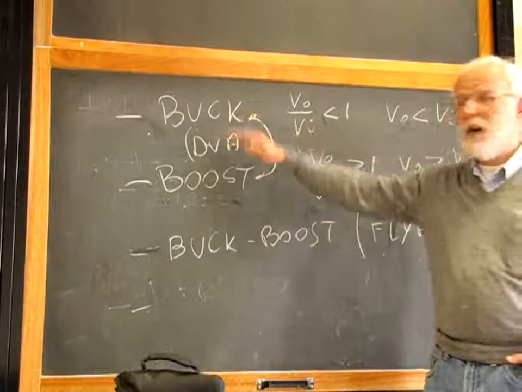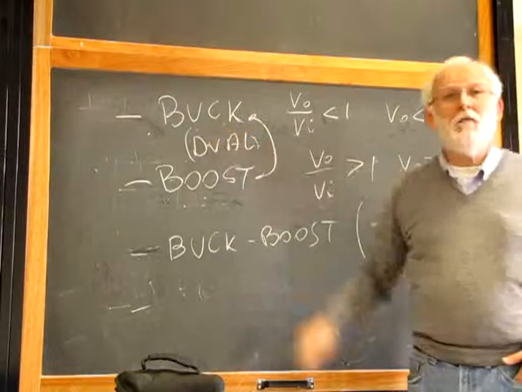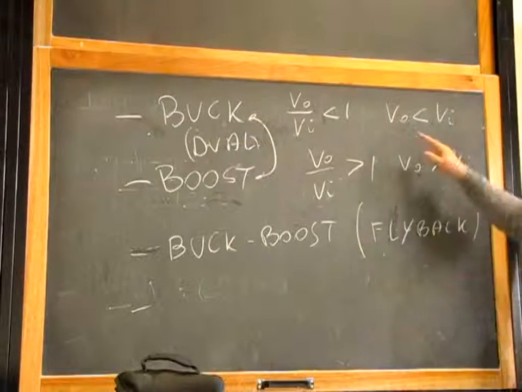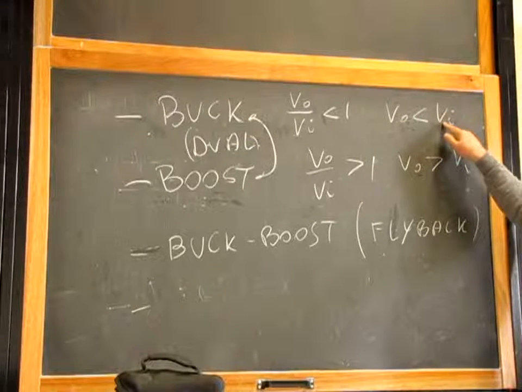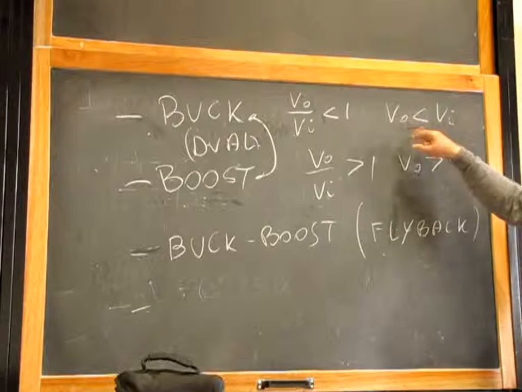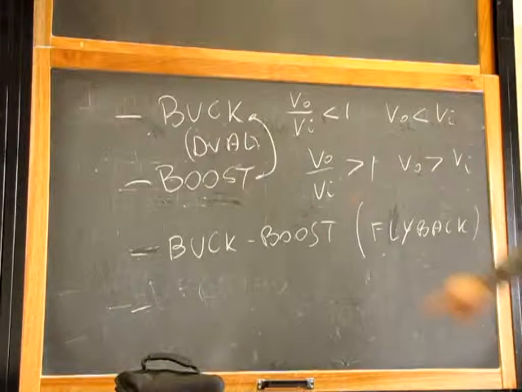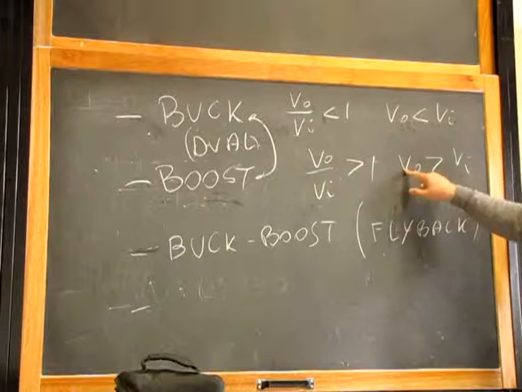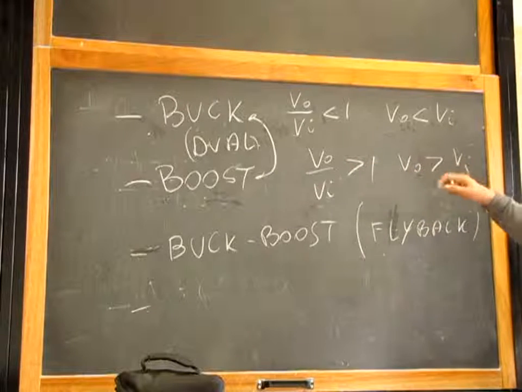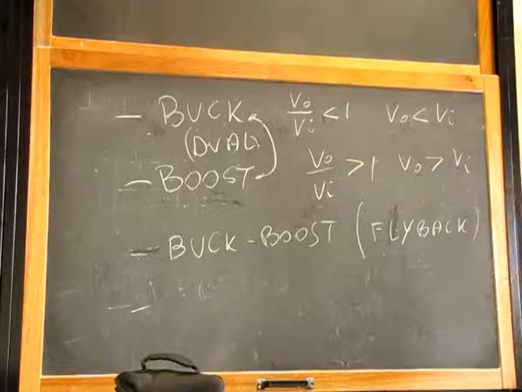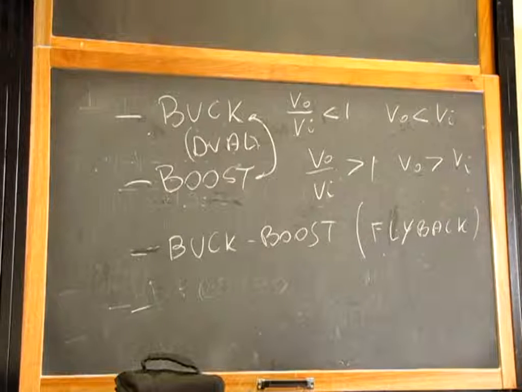I usually use buck and boost, but the buck converter, being a converter that has an output voltage smaller than the input voltage, is also called a step-down. And the electronics guys call it step-down. The boost converter, having an output voltage that is larger than the input voltage, with a very big struggle of fantasy, can be called step-up.